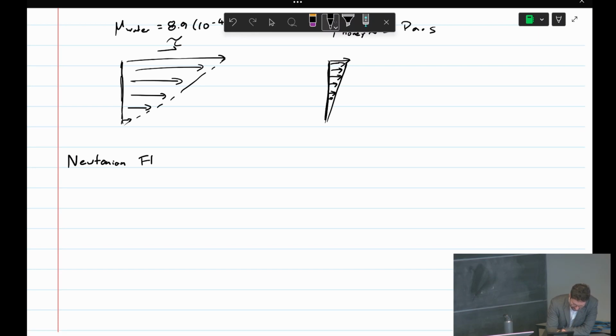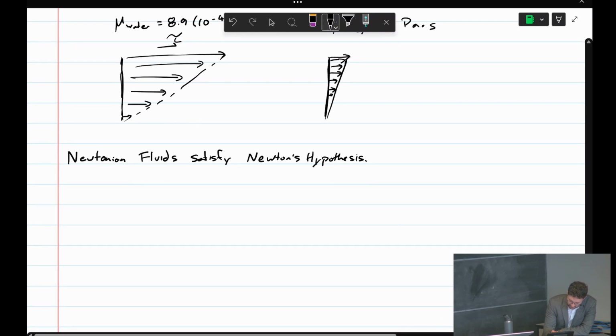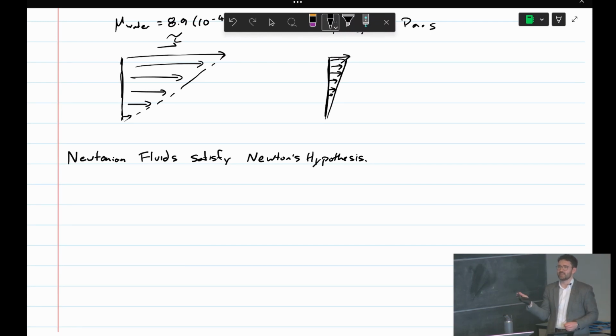So Newtonian fluids satisfy Newton's hypothesis. In fact, the reason they're called Newtonian fluids is because they satisfy this Newton's hypothesis. It sounds like a circular definition, but basically if it's a linear relation like the one we did above, that's called a Newtonian fluid.